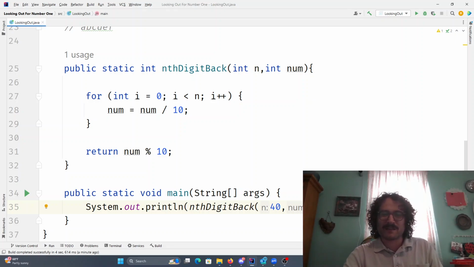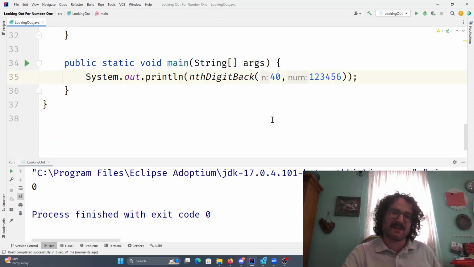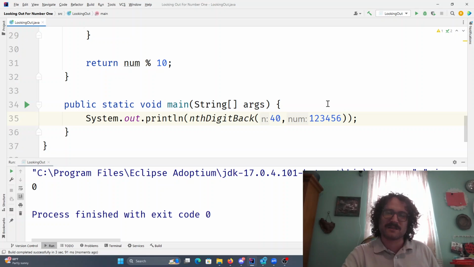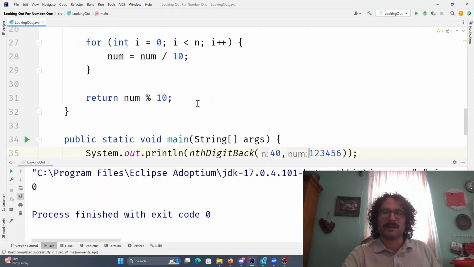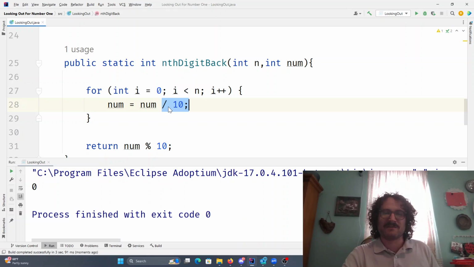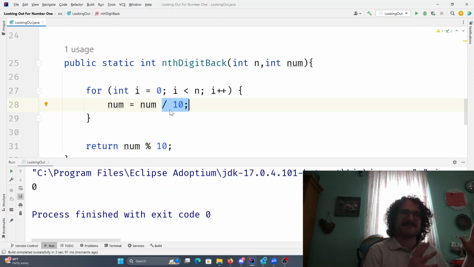What happens if I try to get the 40th, which is 10 to the 40th power, all the way out to the left? It's going to give me zeros, because every number has a number of leading zeros. How do we get that? Well, we keep dividing by 10, and eventually we get to 1 divided by 10, which gives us 0, and then we keep dividing 0 by 10. We can always divide 0 by anything.